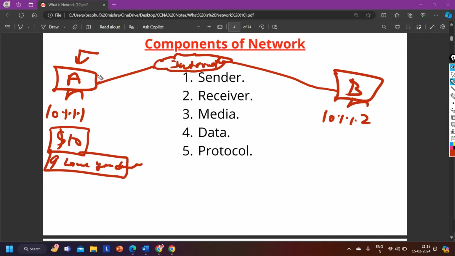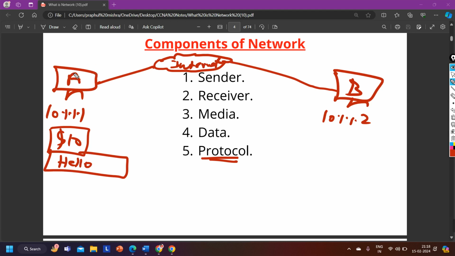So let's say this machine has used one algorithm to encrypt the data. Actual data is not like this, but I'm going to make you understand the concept of protocol, so I'm taking a very easy example. Let's say the actual data is hello, and this machine is going to encrypt this data so that bad people cannot read it.